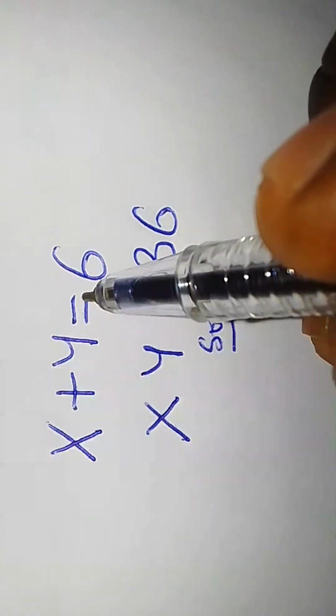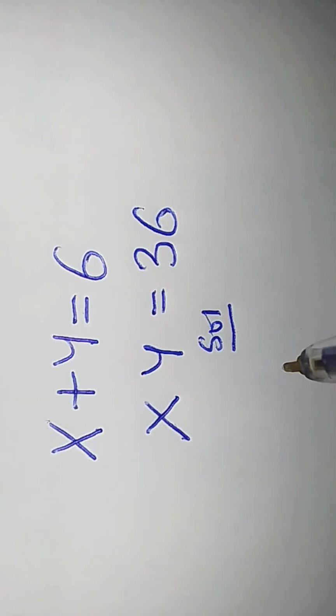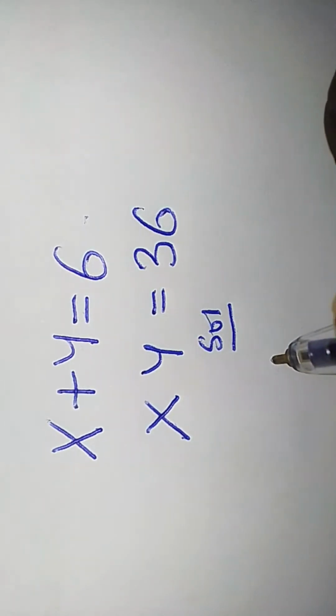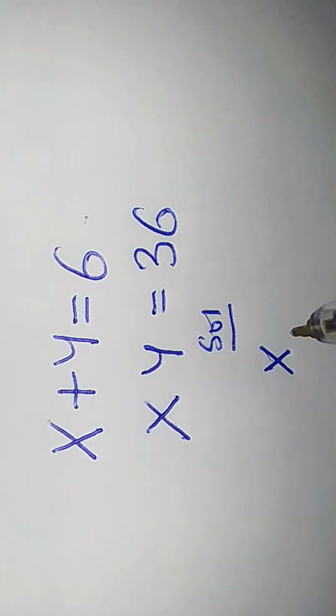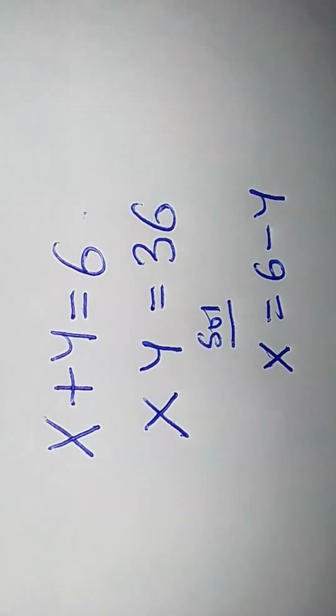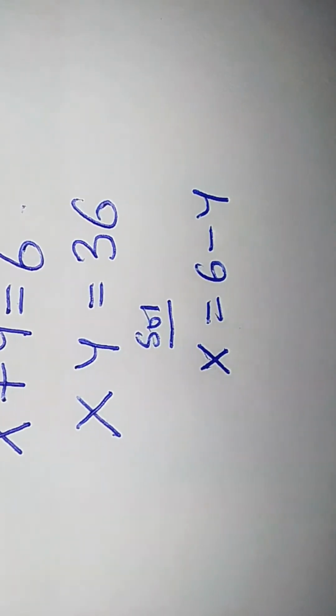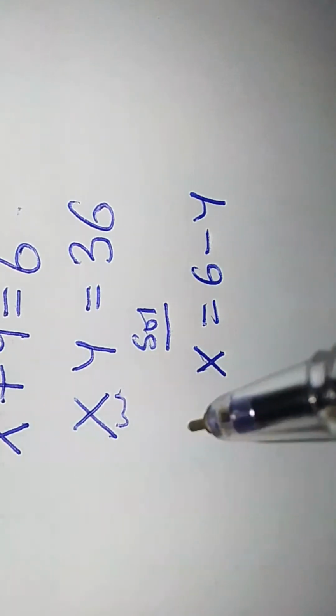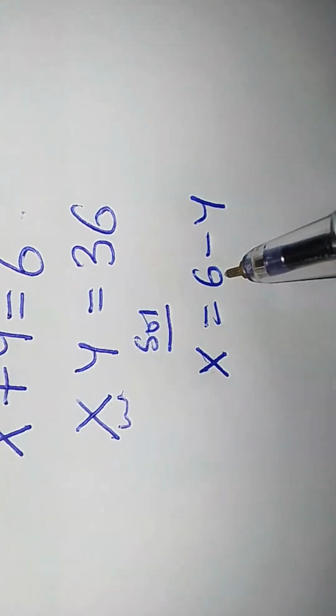Let's consider this first equation first. If we move y to the right hand side, we simply have what? That is x equal to 6 minus y. The next thing we are going to do is to replace this particular x with 6 minus y.